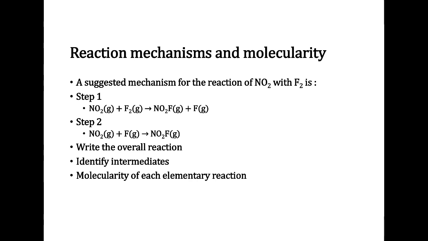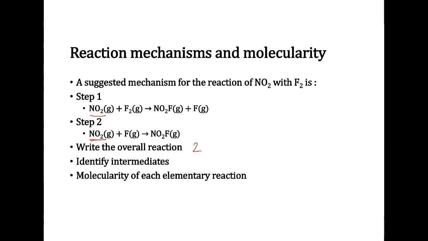All right, so we'll start with NO2. Well, there's 2 NO2 molecules on the left-hand side. There's no NO2 molecules on the right, so it does not cancel out. So our overall reaction is going to start like this.